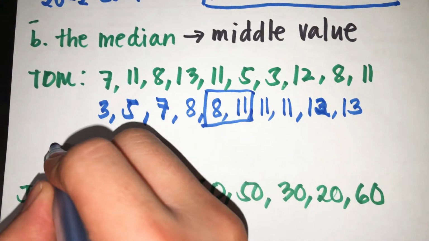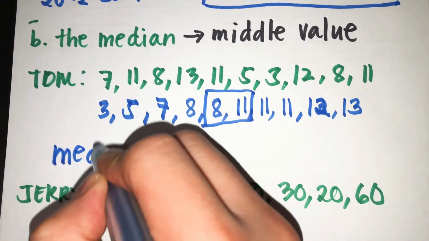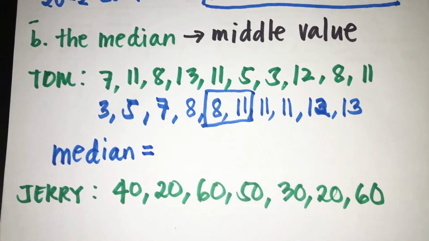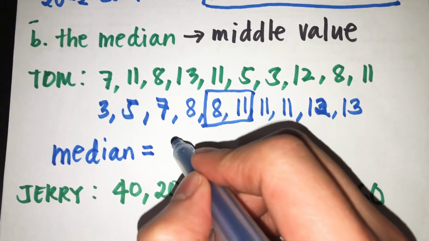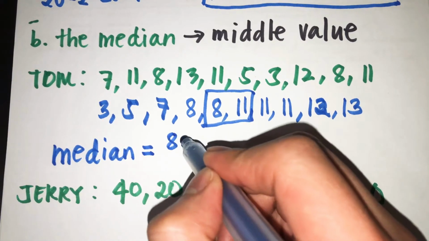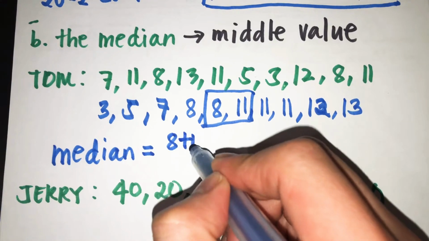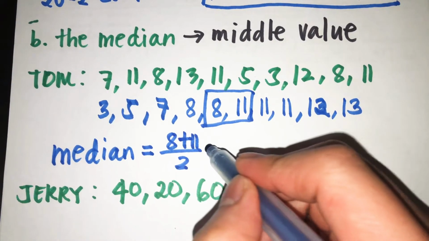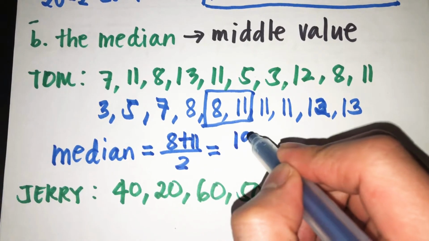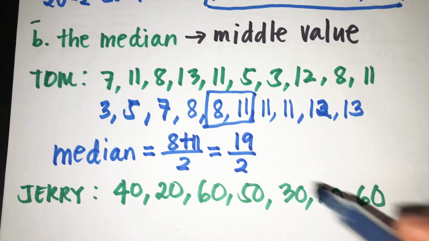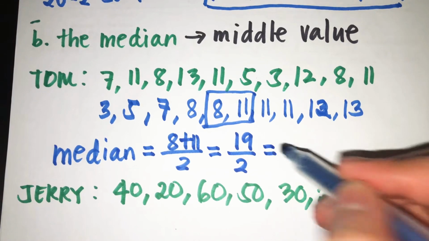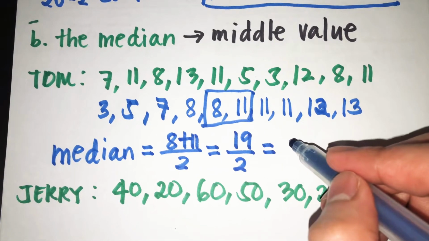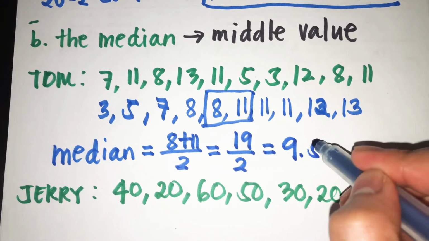So the median now is equal to 8 plus 11 divided by 2, which is equal to 19 divided by 2, which is equal to 9.5.